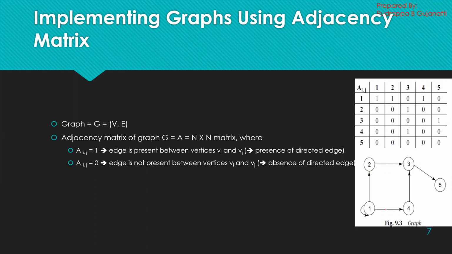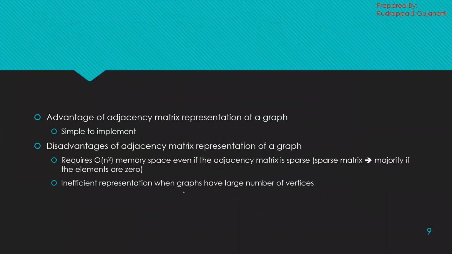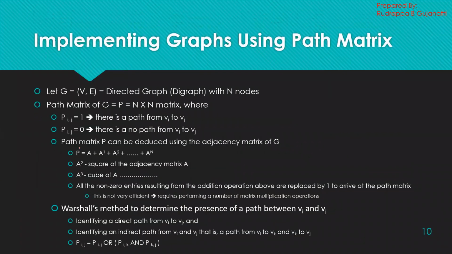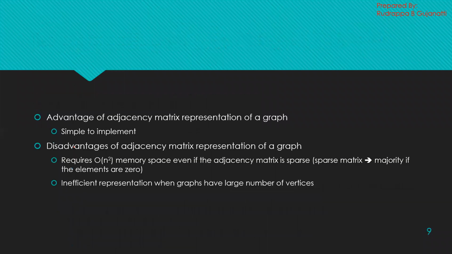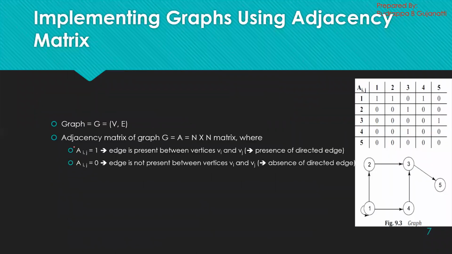In the actual path matrix, what is done is you estimate this equation, which involves multiplication and addition of the matrices. We take A, which is the matrix, A raised to 2, which is the square of the same matrix, and the cube of this matrix, and so on up to A^n.